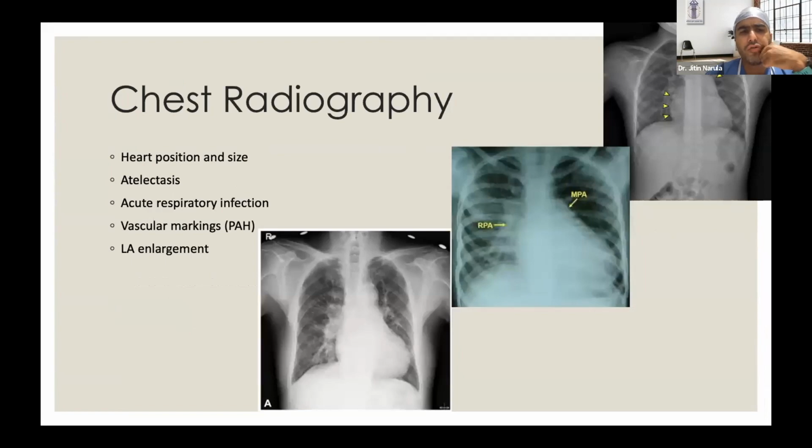Chest radiography should also be done, and it indicates heart position, size, whether there is any atelectasis, heart failure, or acute respiratory infection. All these can be ruled out, and presence of prominent bronchovascular markings will be suggestive of pulmonary artery hypertension. We can also find out if there is any LA enlargement in these cases.